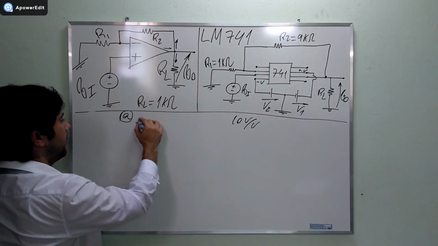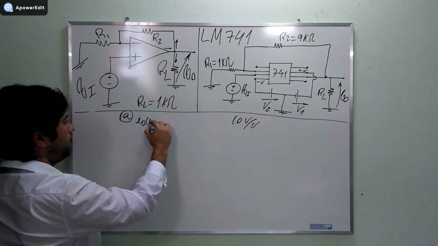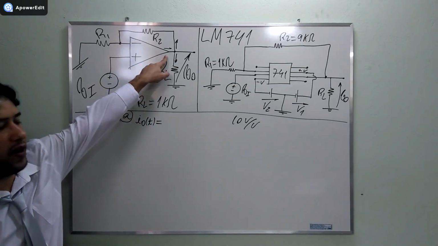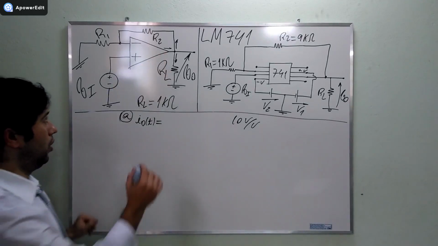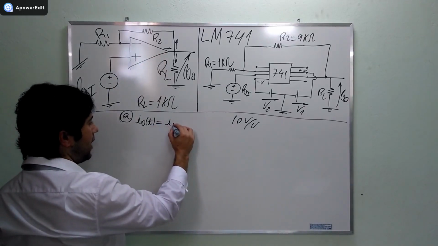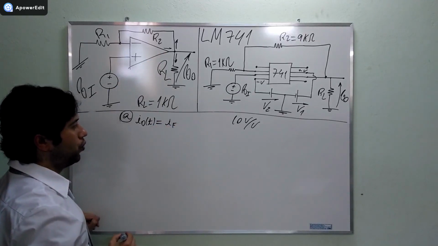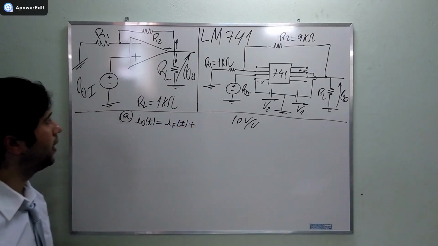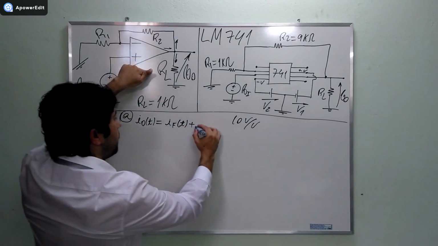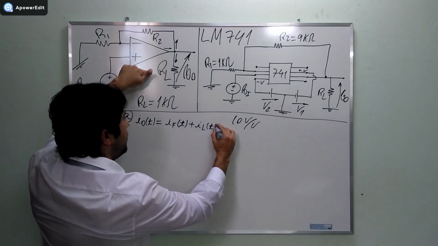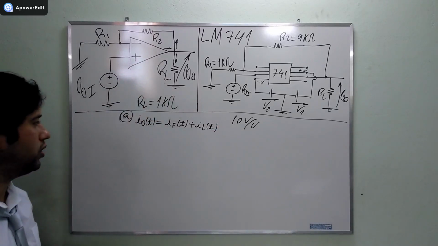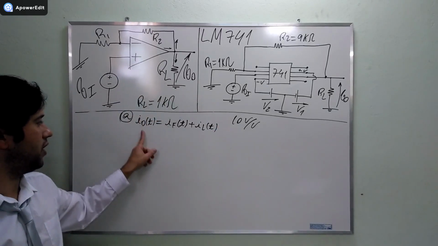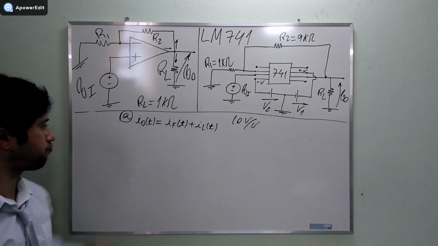So, I0 of t, which is the current that leaves the device, we will have IF, which is the current of the feedback loop, and IL, which is the current that goes to the load. We can calculate this and then come up with this.